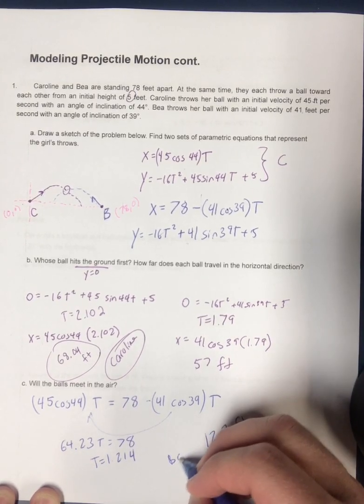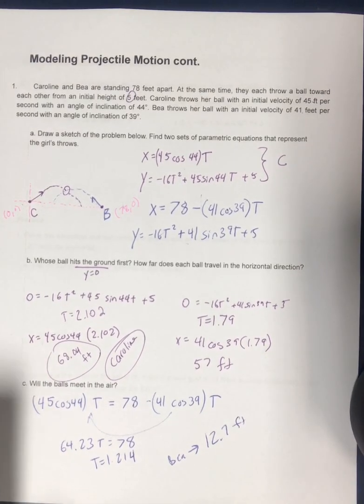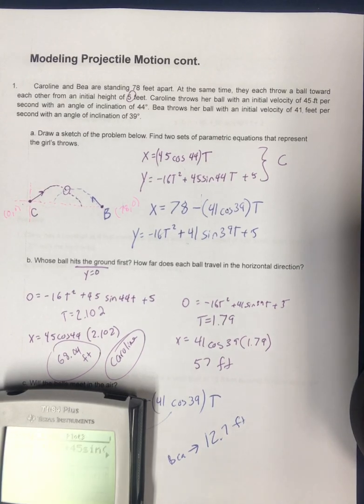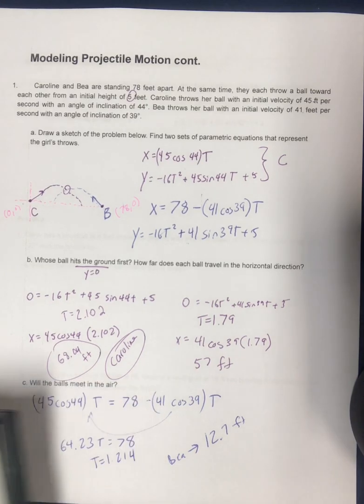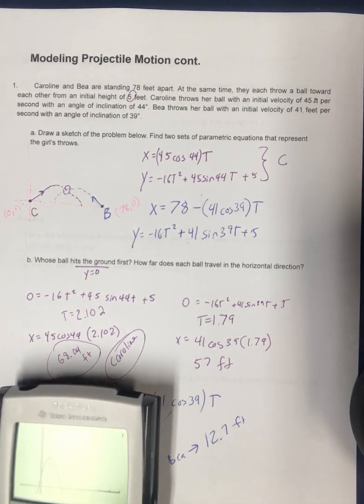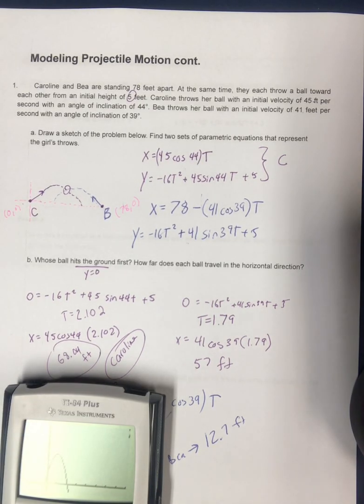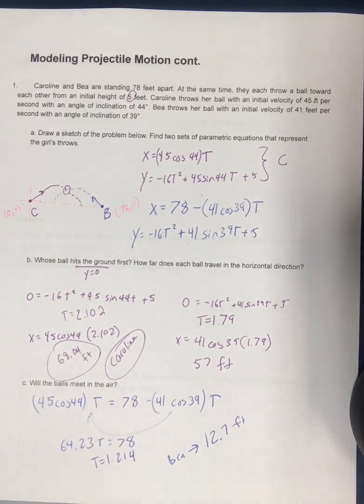This is for Bea. Now I'm going to go back into y equals, take this one off, put this one on, and I'm going to do the same thing with the value 1.214. And I get 19.37 feet.